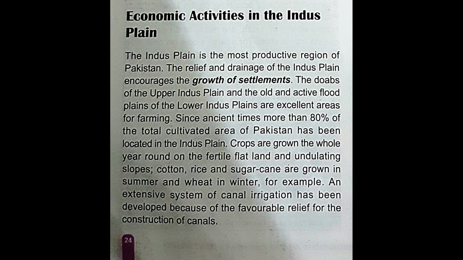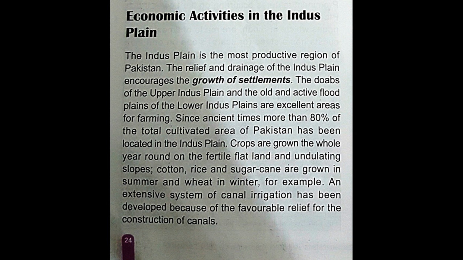As we can read, the Indus civilization was also located on the bank of the Indus River. It was also famous for agriculture and fertile land. Similarly, this area is rich in fertility and agriculture.